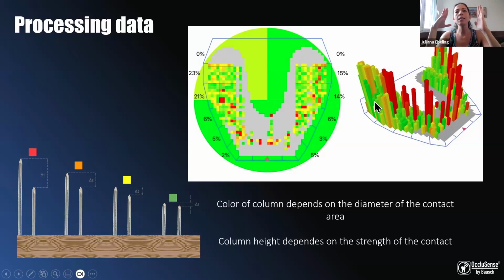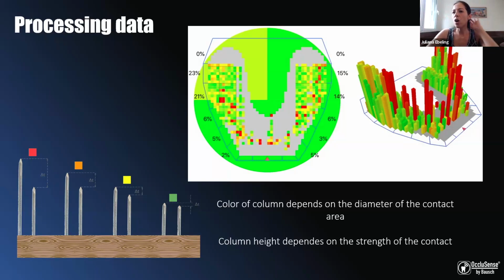This means that we have a larger surface. For example, when I have a tooth worn by acid, I have more green contacts. So at one extreme, we have the greens that are the largest surfaces, and on the other side, we have the red contacts that are more punctual, okay?